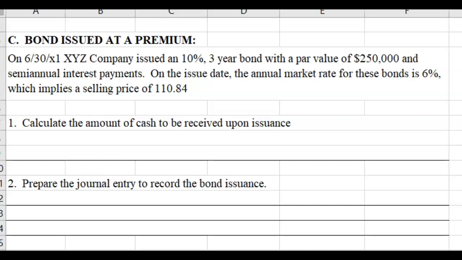One way to look at it is this. If our bonds are paying more interest than potential investors could earn by buying someone else's bonds, our bonds are very attractive to investors and we can sell the bonds for more than the par value.